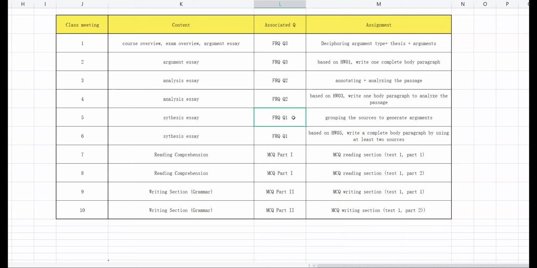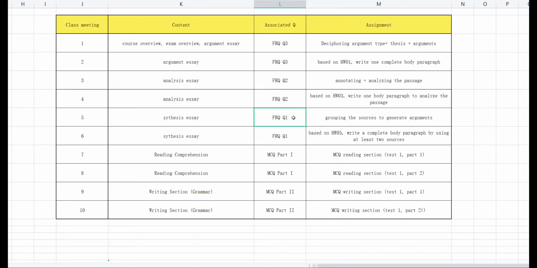Question 1 is another argument essay, but the difference between question 1 and 3 is what? In question 1, you are required to refer to the sources provided along with the prompt. So in the prompt, you will have a question. You are supposed to come up with a thesis, and then as usual, it's our argument essay.